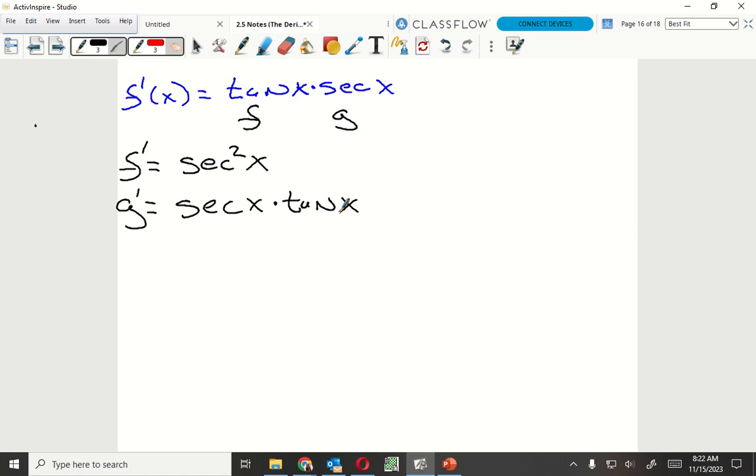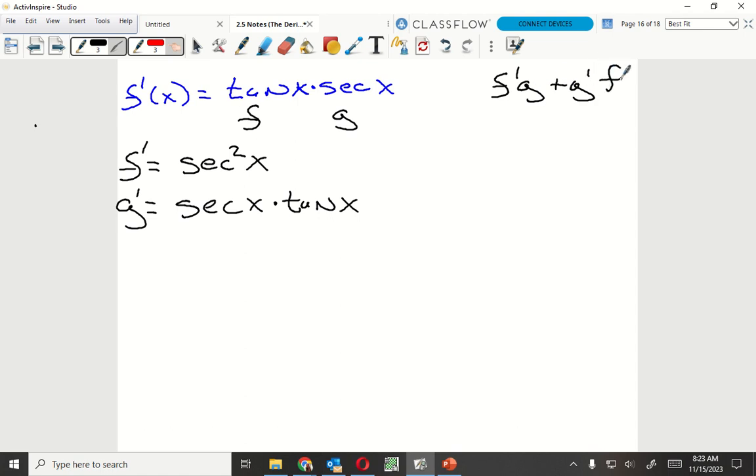There we go. So now all I have to do is plug this into my product rule. I go off to the side, identify my different parts of my product rule, and now all I have to do is plug these into my product rule. And product rule again is going to be f prime g plus g prime f.